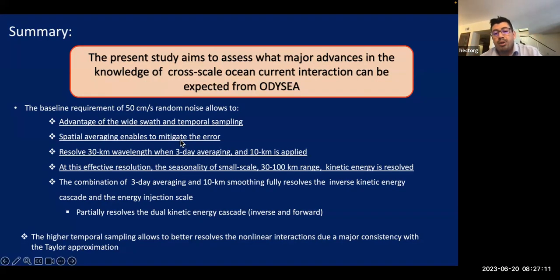We were able to retrieve the seasonality of the small scales between 30 and 100 kilometer ranges, and we also fully captured the inverse cascade, while the forward cascade is partially resolved because of this temporal average and the spatial smoothing of 10 kilometers. Because when you combine these two, you are almost killing all the high frequency motions associated with some mesoscales that we know are highly ageostrophic.